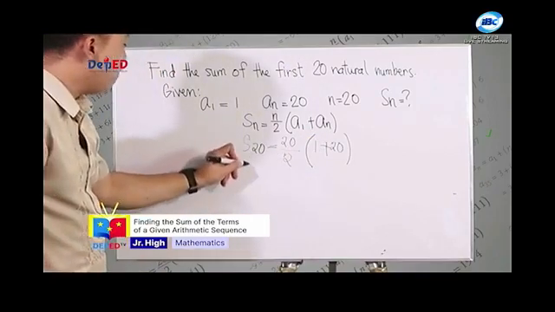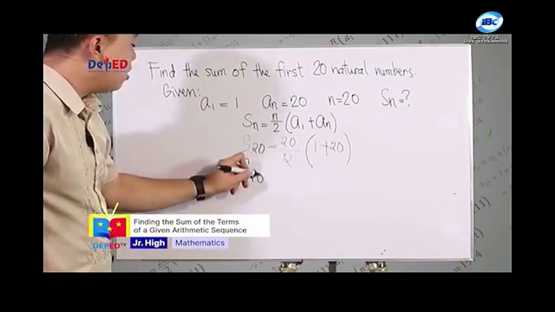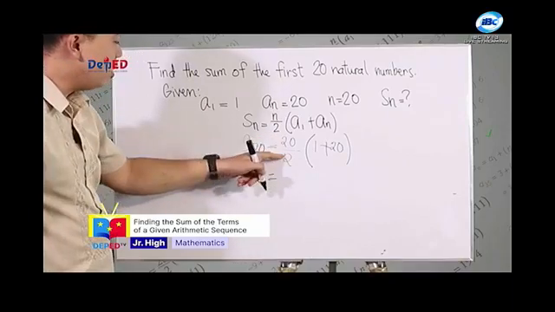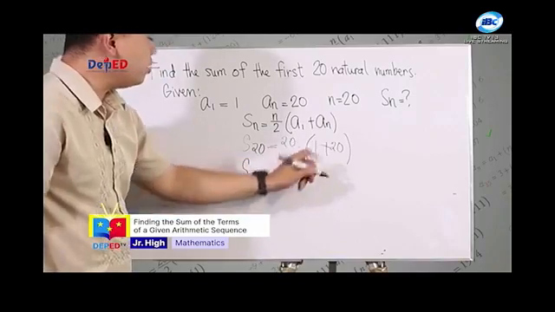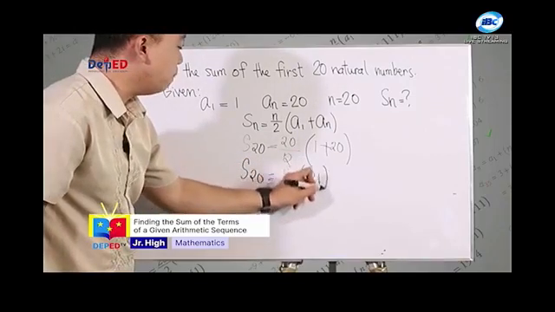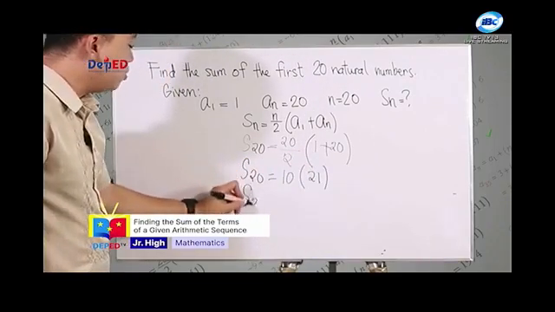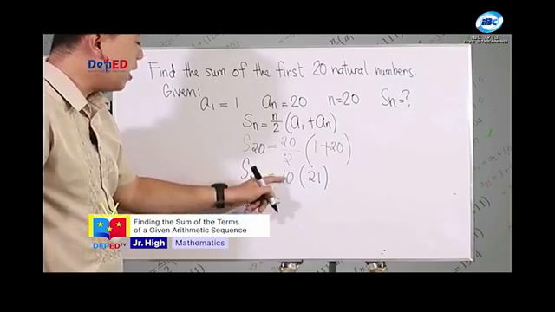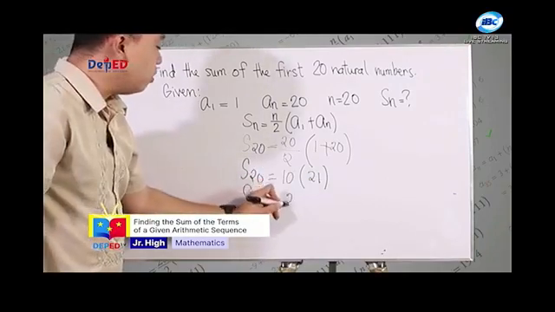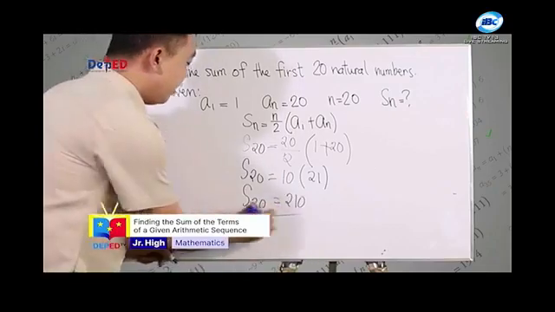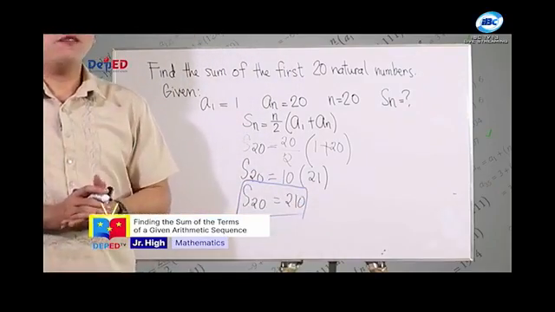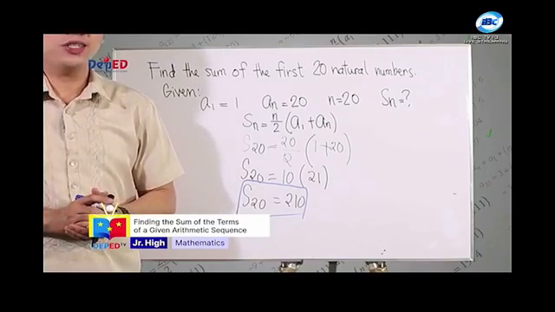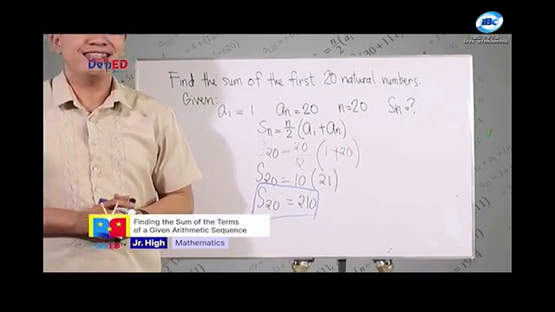Next, we will have S sub 20 is equal to 20 divided by 2 will give us 10, and 1 plus 20 will give us 21. Our S sub 20 will be the product of 10 and 21. We will get 210. Therefore, the sum of the first 20 natural numbers is 210.